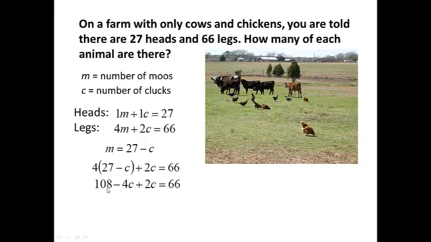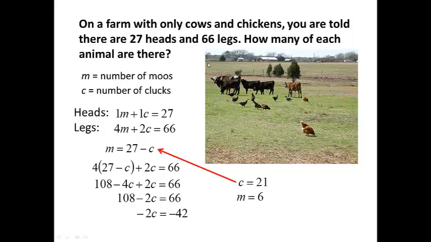Distributing that 4, I get 108 minus 4C plus 2C is equal to 66. Combine my like terms, subtract the 108 from the other side, divide by -2, I get 21 chickens. And how do I know how many cows? I'm going to put the 21 back in my substitute here, and I get 6 cows.